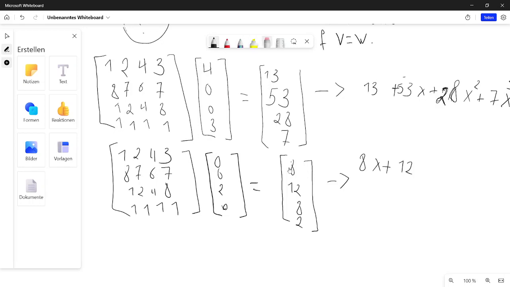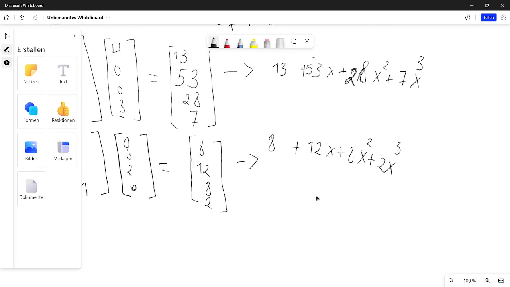And of course, here too, just 8 plus 12x plus 8x squared plus 8x to the power 3 plus 2x to the power 3.